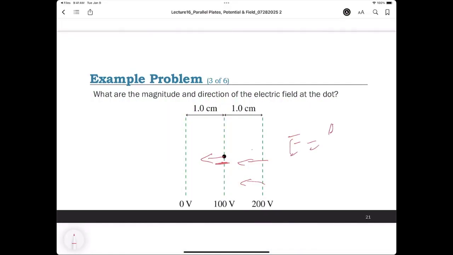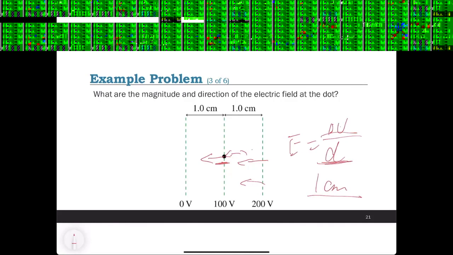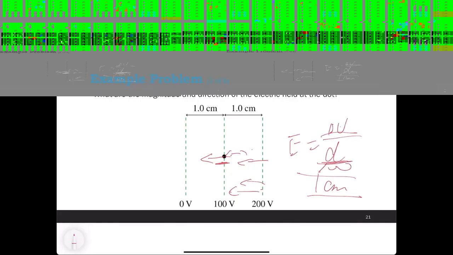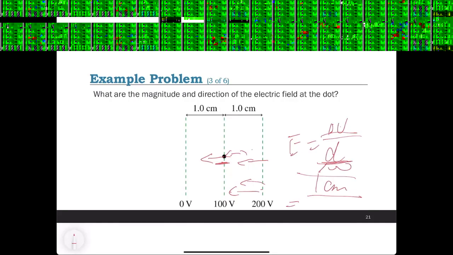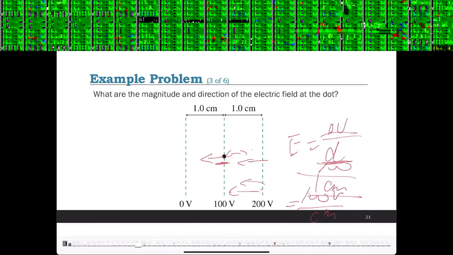Here E equals delta V divided by d, and d here is 1 centimeter, am I right? Delta V equals 100 V, from here to here, which means it should be 100 V divided by 1 centimeter. That makes sense to you? I just gave you the hint. You can calculate it by yourself.